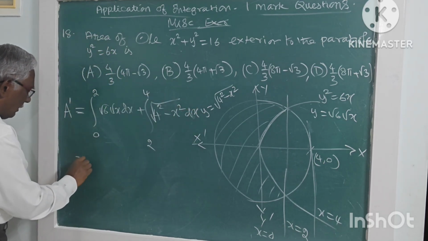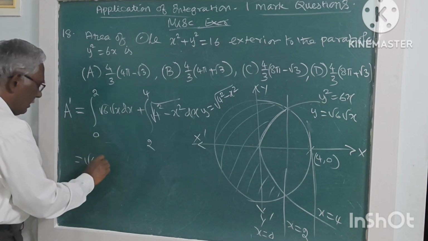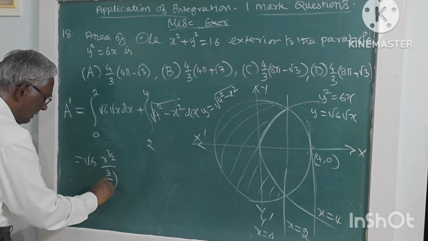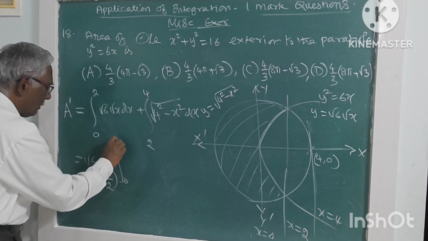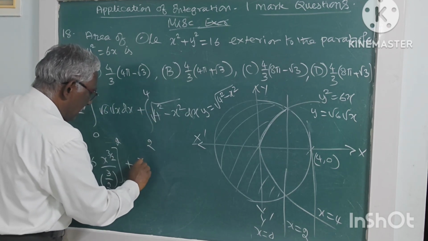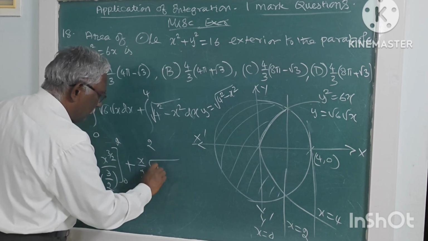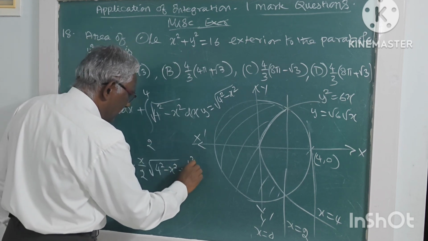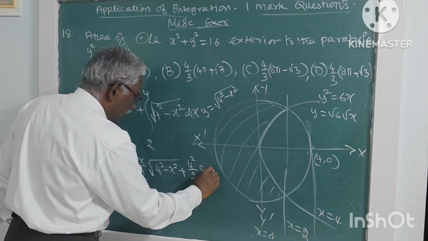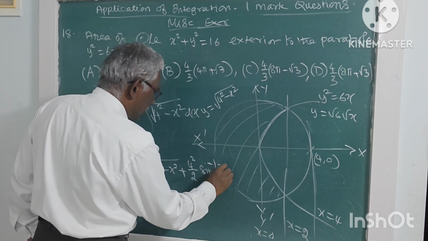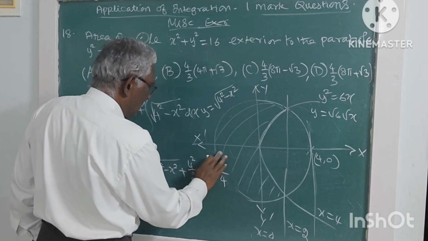So this will be root 6 times x power 3 by 2 divided by 3 by 2, from 0 to 2. Here, x by 2 square root of 4 square minus x square plus a square by 2 sin inverse x by a, where a is 4.